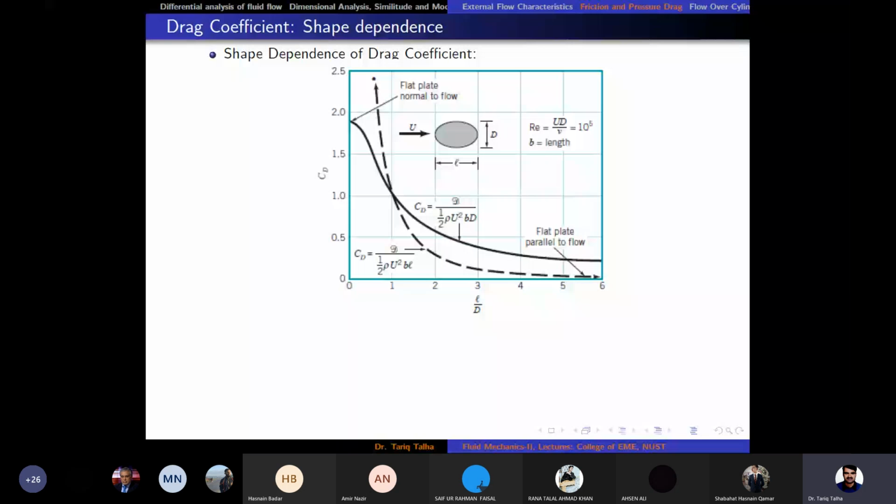It means that the body is quite blunt. Frontal area is more. Then in that case, the CD value is very high, like around 2 or maybe 2.5 for that case, right?